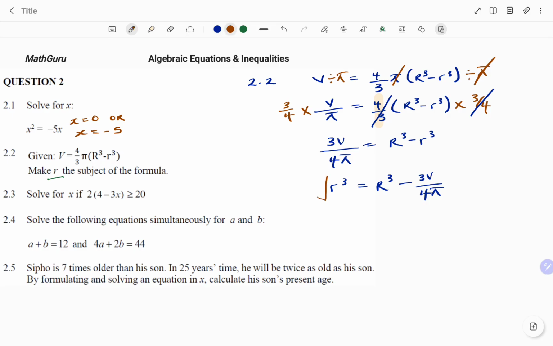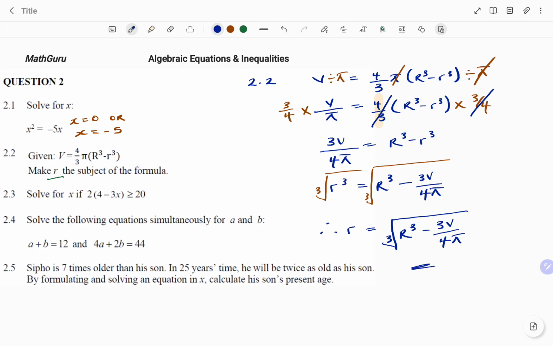So I have on my left, the cube root of r cubed, and then the same on my right, the cube root. So therefore, my r, the small r, equals the cube root of R cubed minus 3V over 4 pi.